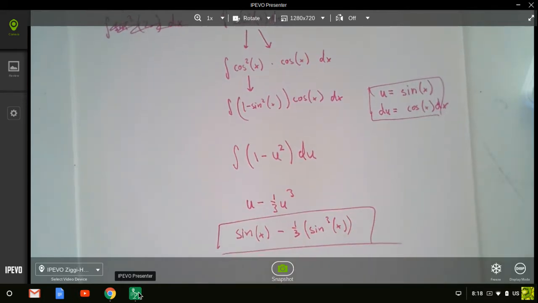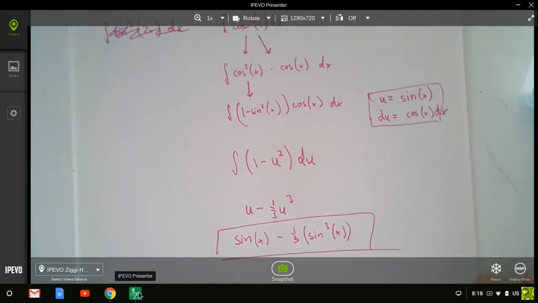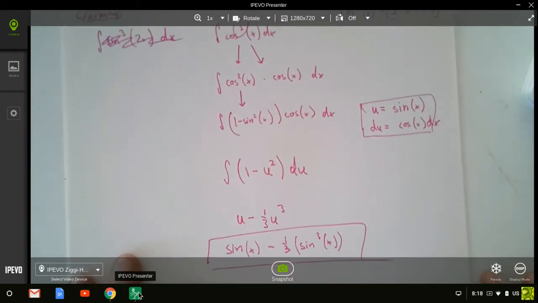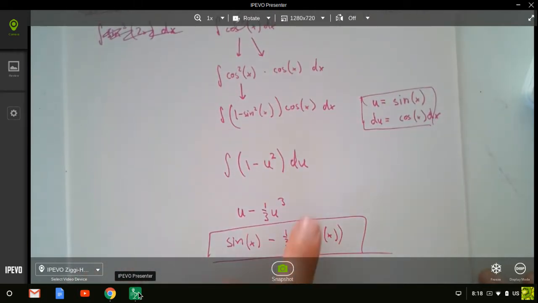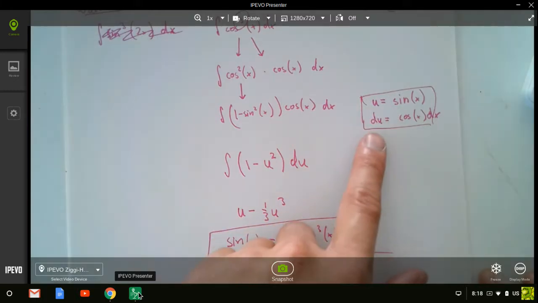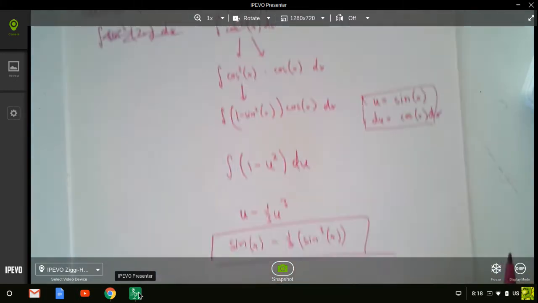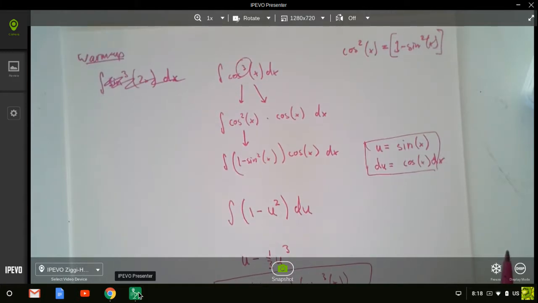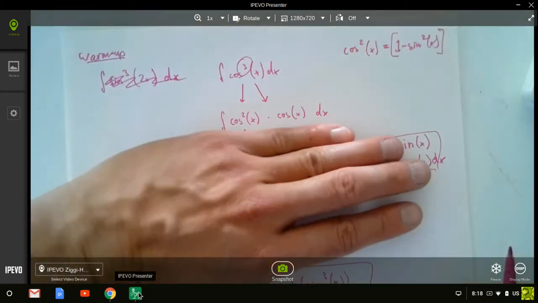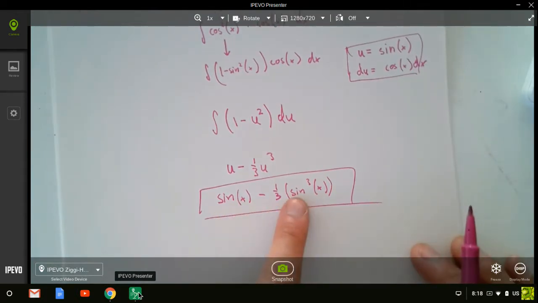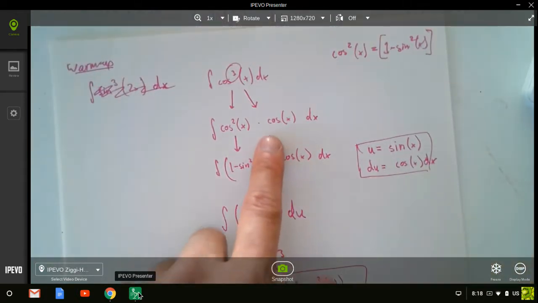What happened to the first cosine? The first cosine? Like the du. Once we did the u substitution here, it accounted for this. No, I mean in the beginning you had cosine squared times cosine. Oh, just remember, if you work this out and take the derivative of this, you will end up with something like this.